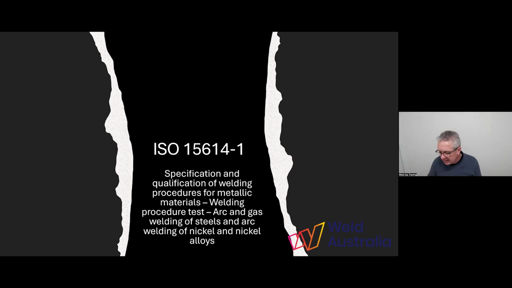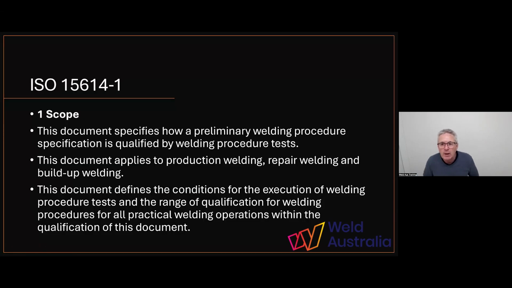So very similar in the sense that there's going to be key things in here where you're going to go level 1, level 2. There's going to be things you've got to look at, and you might do some little calculations. So let's have a look at the scope. It says this document specifies how a preliminary welding procedure specification is qualified by a welding procedure test.